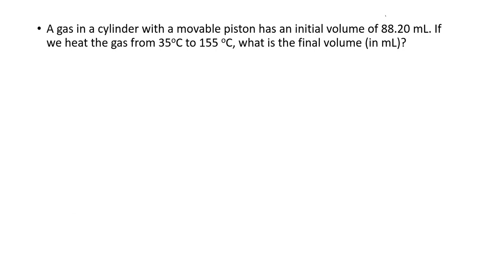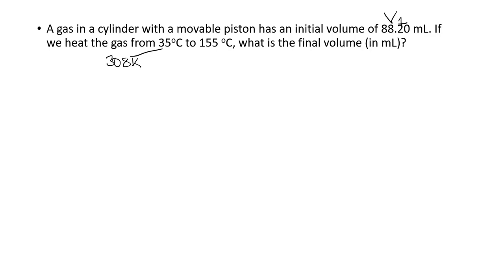So this one is our V1. If we heat the gas from 35 degrees Celsius, so immediately you need to change 35 degrees Celsius to Kelvin. So 35 degrees Celsius is 308 Kelvin.